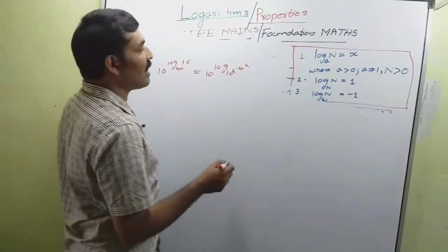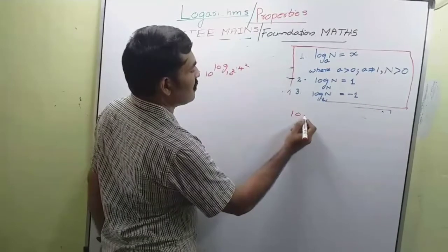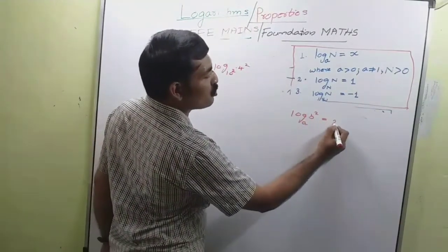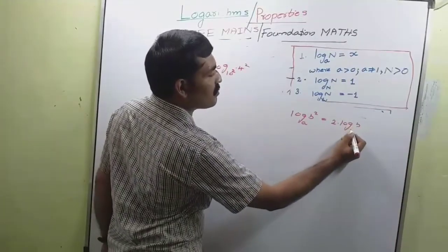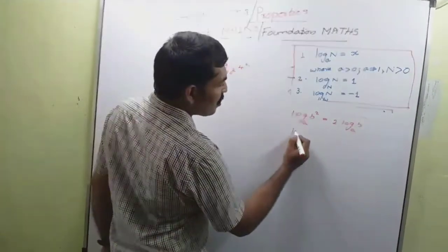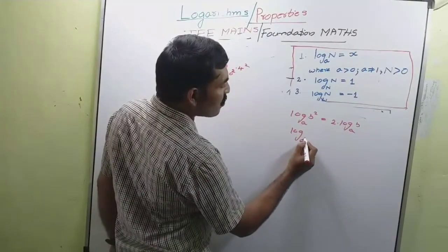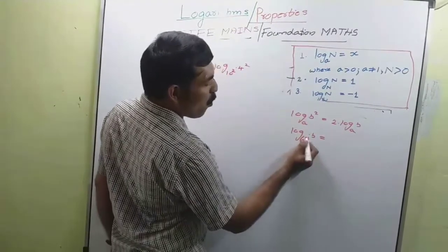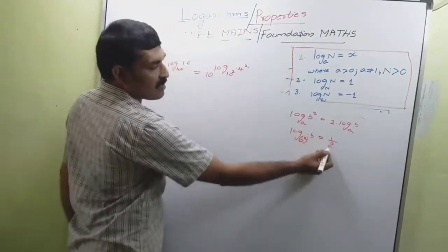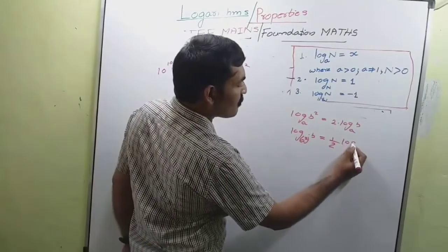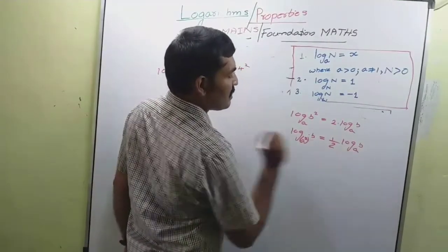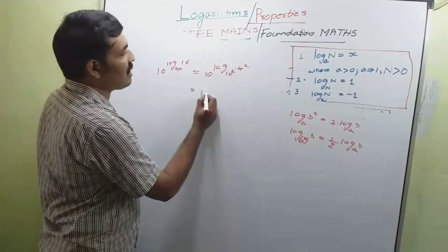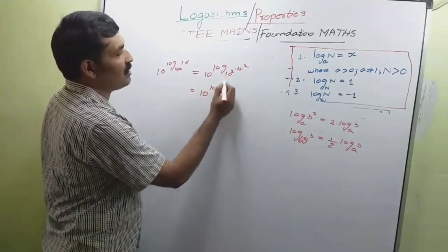Now, using the identity, log b square to the base a is equal to 2 times log b to the base a, and log b to the base a square is equal to 1 by 2, this 2 will come in the denominator of log b to the base a. So, we are making use of this identity. So, we can write this is equal to 10 raised to log, here 10 square.